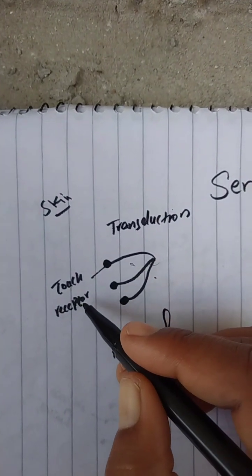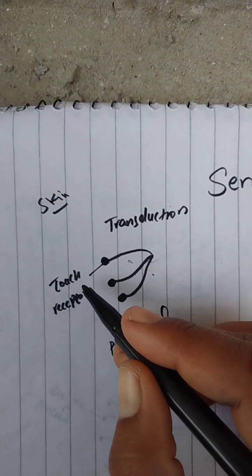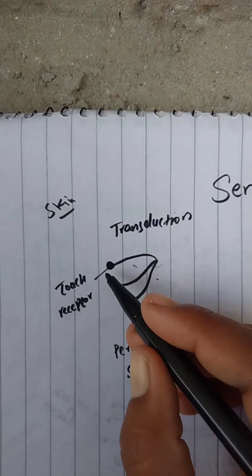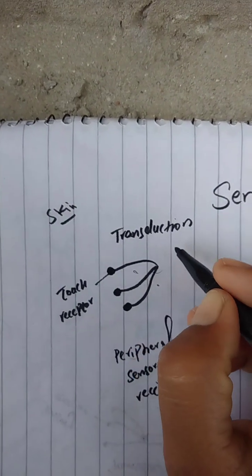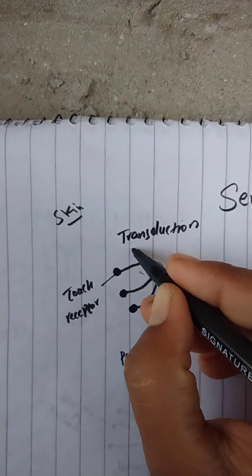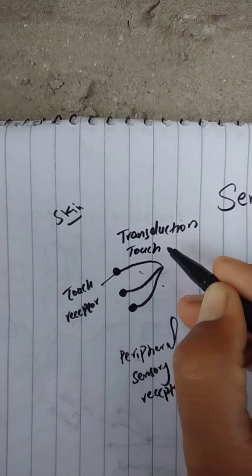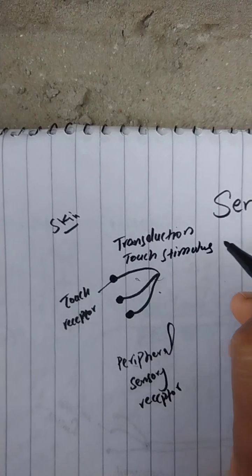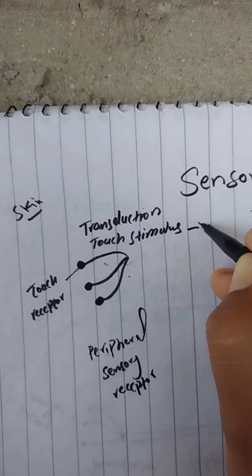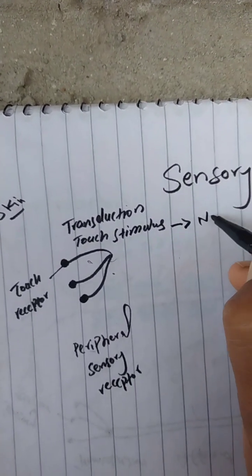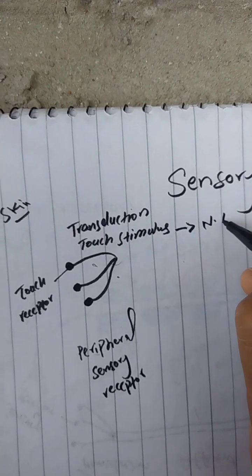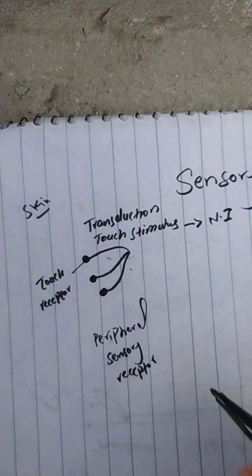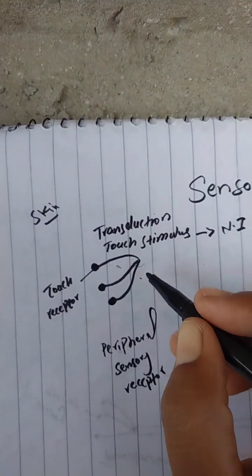So touch receptors convert the touch stimulus into the nerve impulse. This process is called transduction.